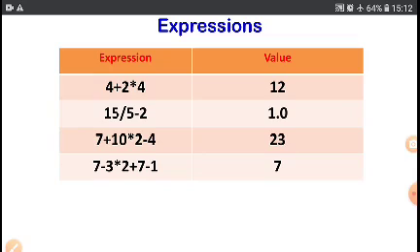In this table, you can see there are two columns. In the first column, there are expressions, and in the second column, there are values. In the first expression, 4 plus 2 into 4. 2 into 4 will work first, it produces output 8. 8 plus 4, 12.